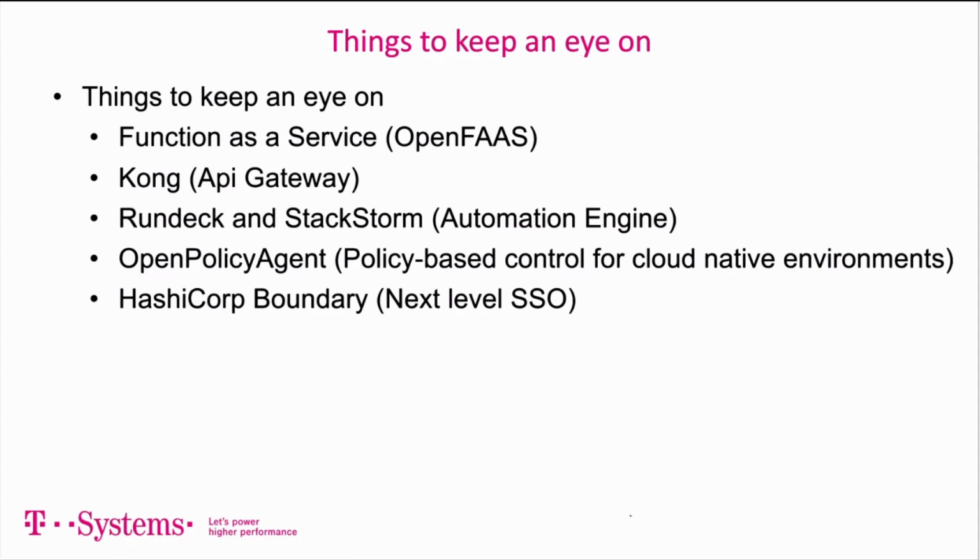Rundeck and StackStorm are very cool automation engines, for when you have GitOps and want to set one on top, for example, to control your deployments over Alexa or over ChatOps. Basically you can write in Slack, deploy me to QA, this version. That's where Rundeck and StackStorm come in, and they can help you very well with that.